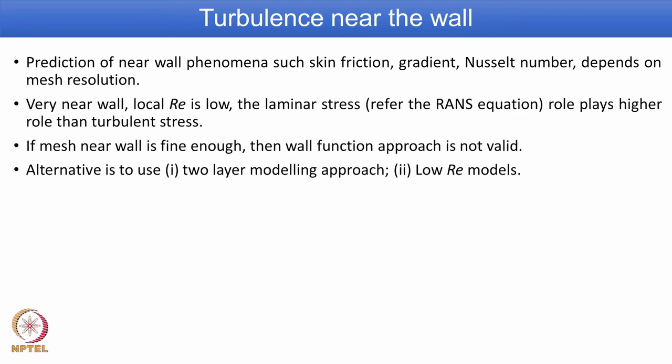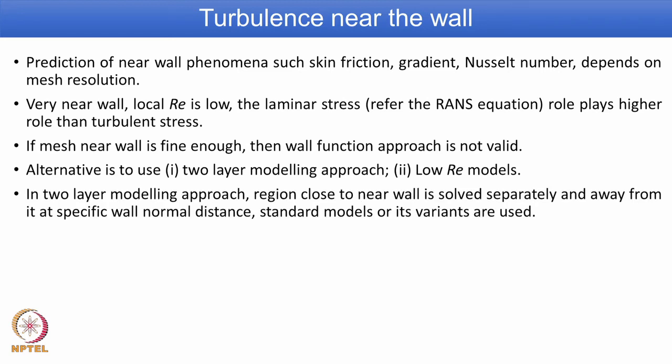You have alternatives: one, you can go for a 2 layer approach; the other, you can go for low RE models. In the 2 layer modeling approach, the region very close to the wall is solved separately, either empirically or by following a one equation model or any other relationship, and away from that region, at some specific wall normal distance, you can use any one of the standard models or their variants.